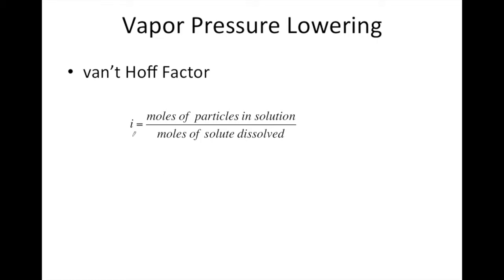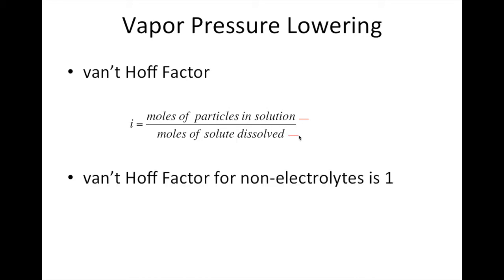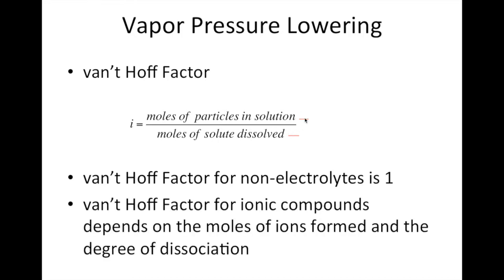Our i, the van't Hoff factor, is equal to the moles of particles in solution divided by the moles of solute dissolved. The van't Hoff factor for non-electrolytes is equal to 1 because non-electrolytes don't dissociate. So for every 1 mole of a non-electrolyte that you put in solution, you get only 1 mole of particles since there's no dissociation.